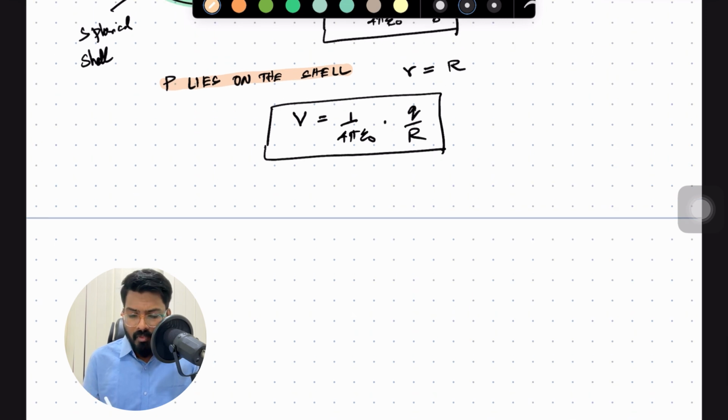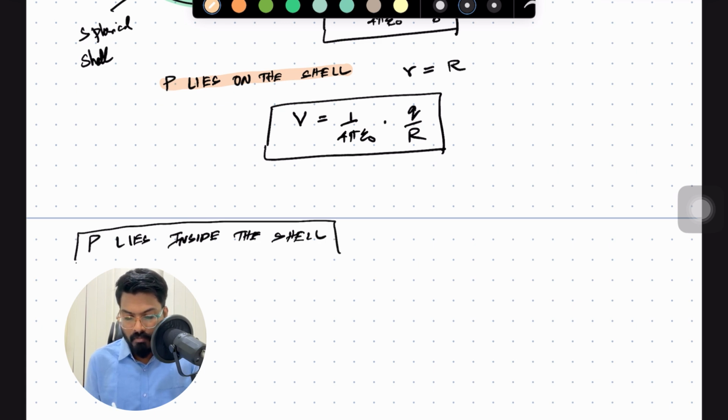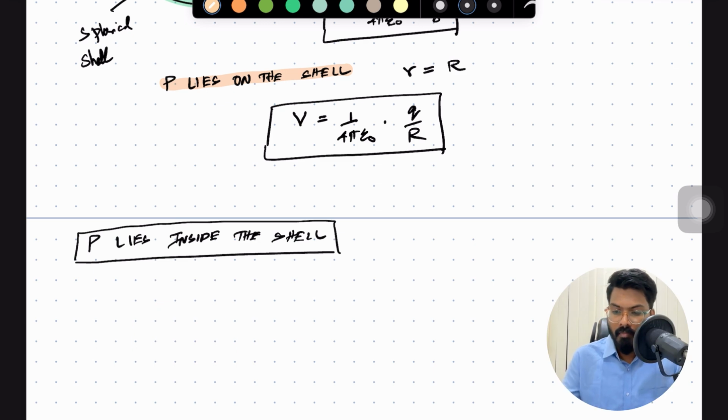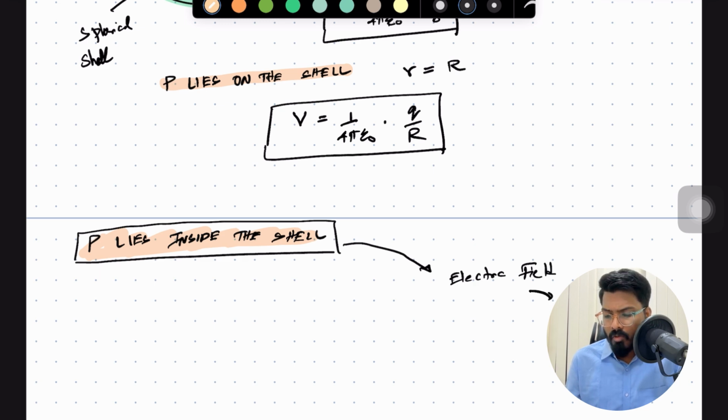Now what happens if P lies inside the shell? Inside the shell, the electric field is zero at all points.